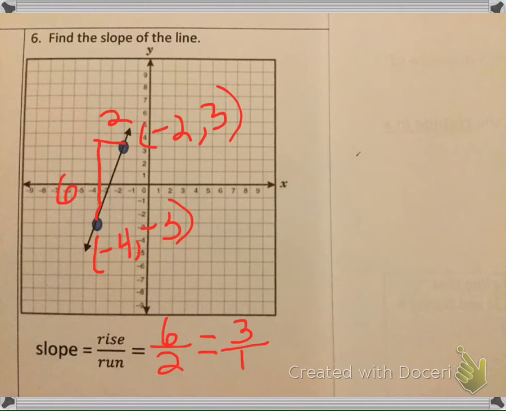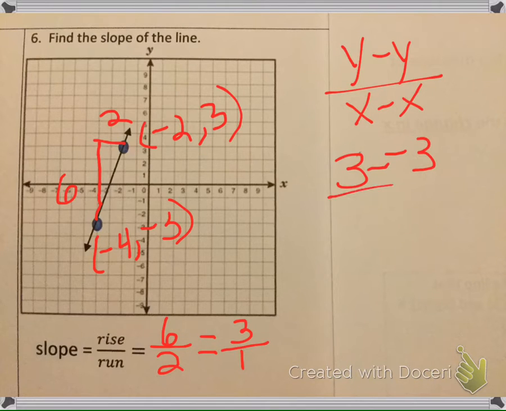Okay, let's just do this mathematically. When I do my change in y over my change in x, I have 3 minus a negative 3 over a negative 2 minus a negative 1. I just messed up, didn't I? Sorry about that. Let's look back at that.